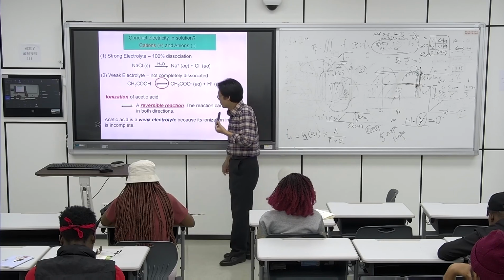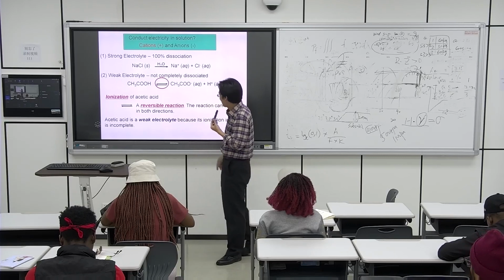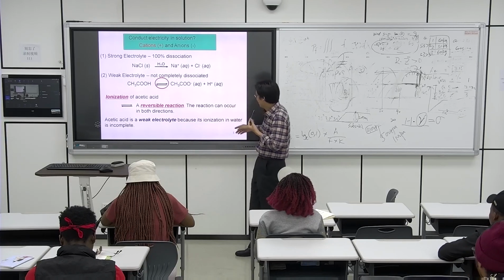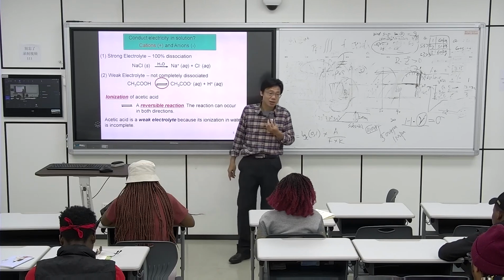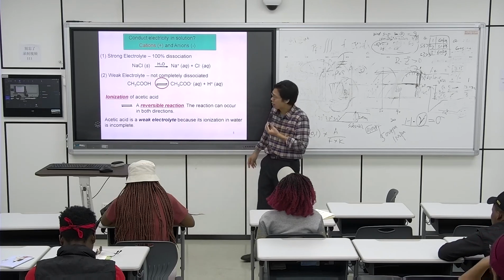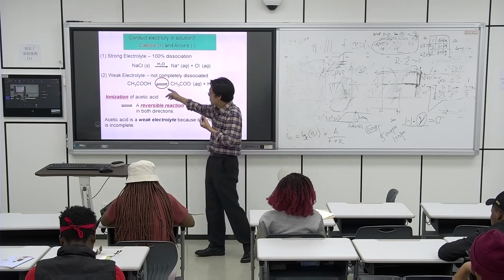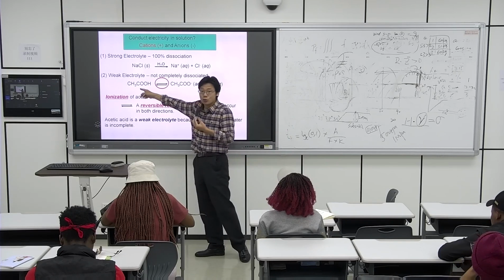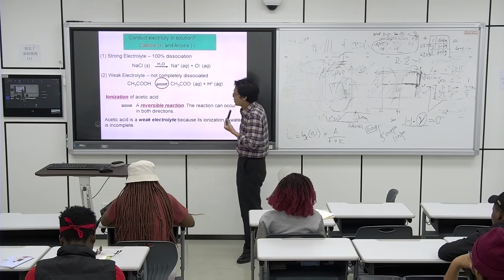So we can see this acid is a weak electrolyte because its ionization in water is incomplete. Because in most of the solution, most of the substance is neutral, so it is a weak electrolyte.